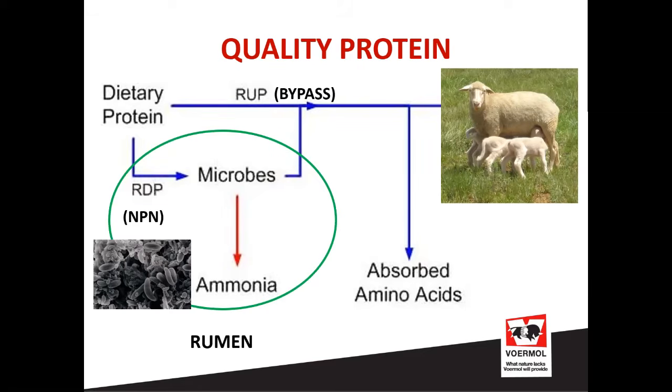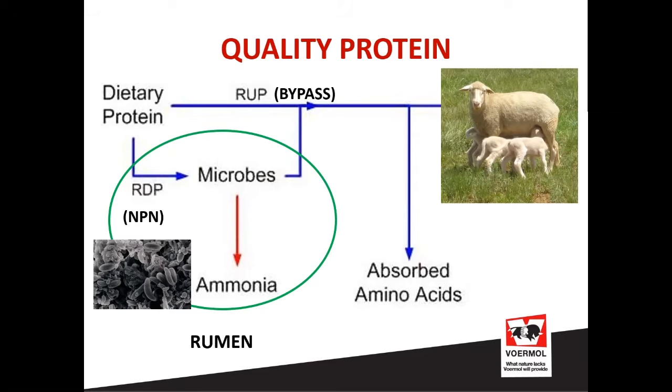The green circle represents the rumen of the animal, and that's where we've got all the microorganisms. About 70% of protein would fall under this category. So protein that falls in the rumen will be used up by the microbes, right? So none of that protein will go through to the animal.